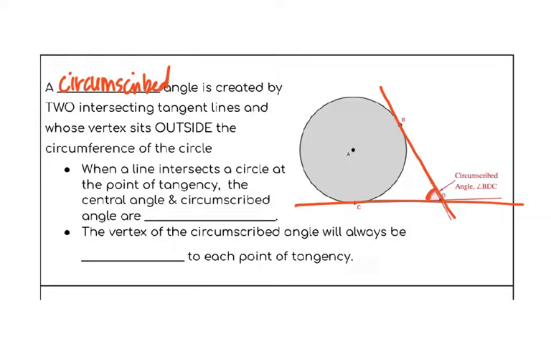So when a line intersects a circle at the point of tangency, remember that the central angle is formed by the center being the vertex going to two points on the circle. So this right here is my central angle.